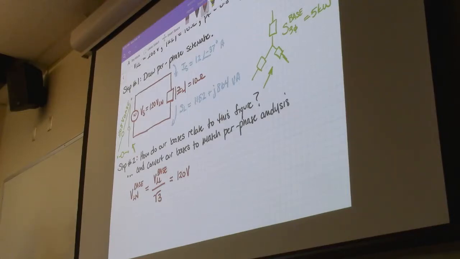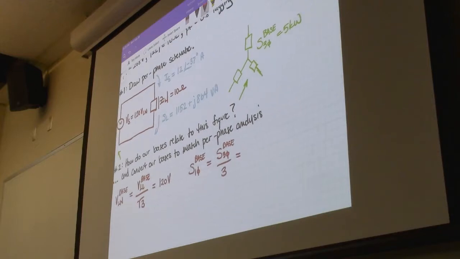So we're going to want to use a single phase base as opposed to a three-phase base. So our S single phase base will be equal to our S three-phase base divided by 3, which will be 5. I'm just going to leave as a fraction for right now. 5/3 kilowatts. Later on we can make that into a decimal.